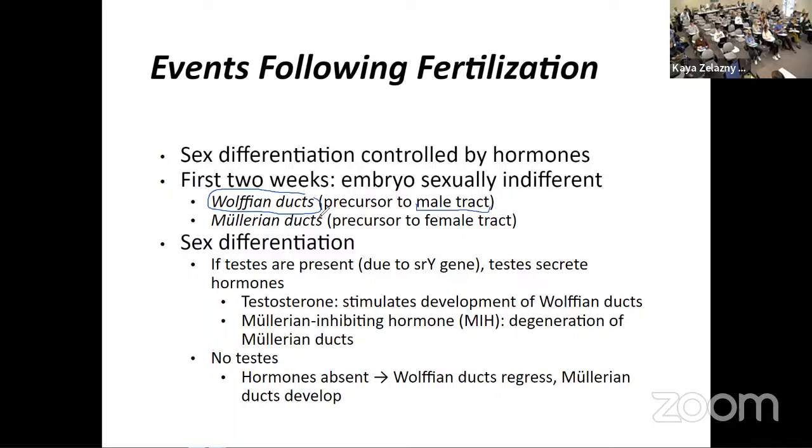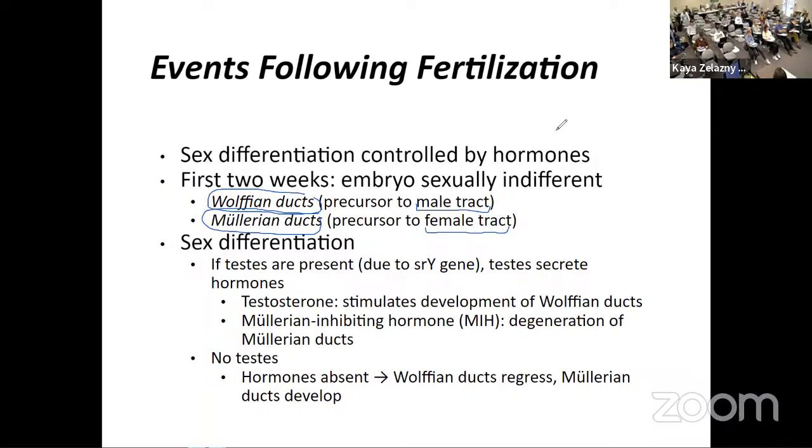And we have Müllerian ducts, and these are precursors to the female tract. By tract, I mean a tract that's going to develop these testes or these ovaries, as well as all the tubes connected to them that allow you to move sperm out of the body, move the ova around after ovulation, things like that.